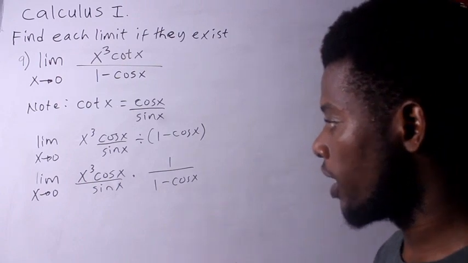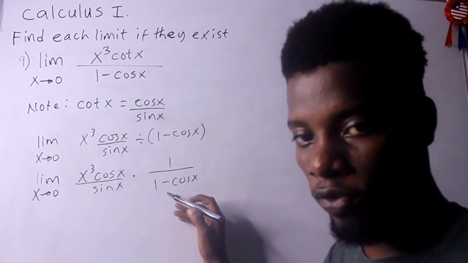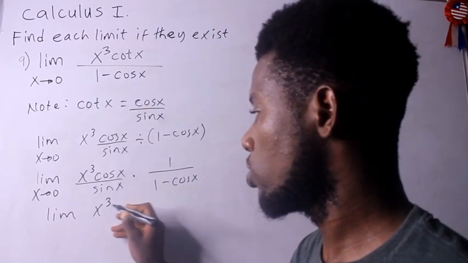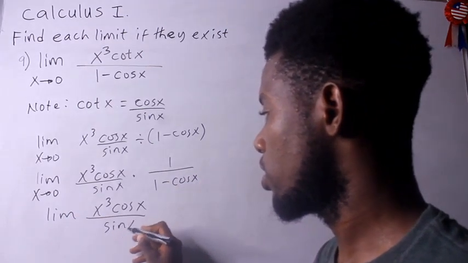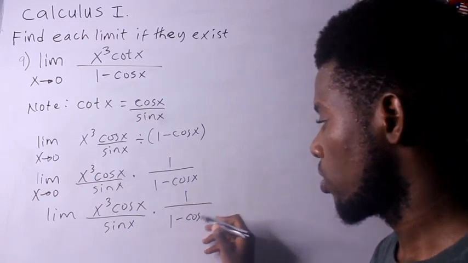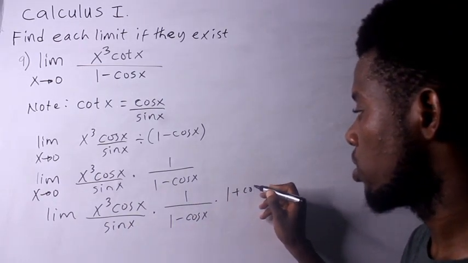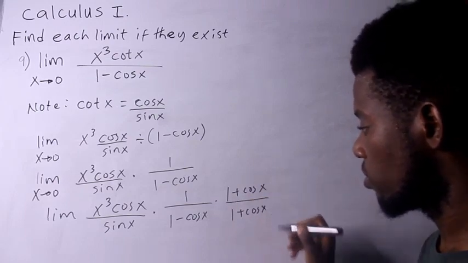Once we do that, we can rationalize the denominator from here. So we have the limit of x cubed cos x all divided by sine x times 1 over 1 minus cos x. We multiply the numerator by 1 plus cos x and divide it by 1 plus cos x.